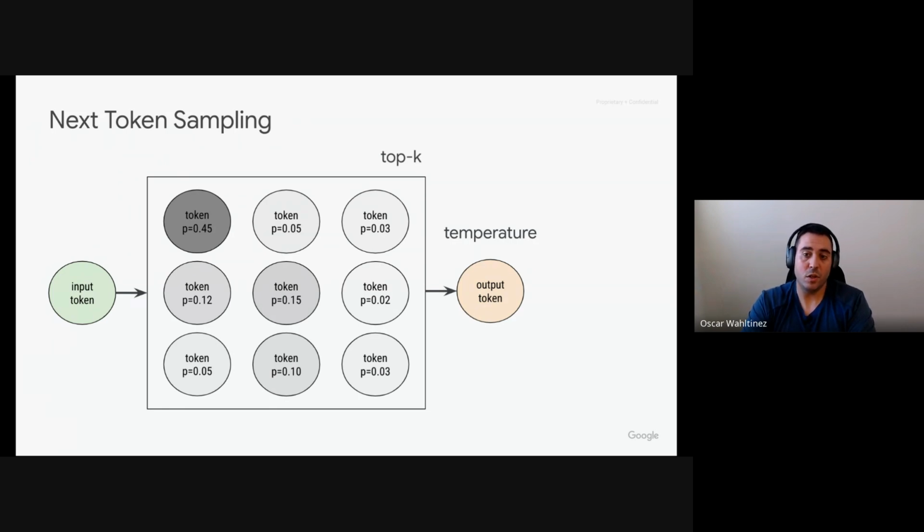The higher the temperature, the more likely we are to pick a token with lesser probability. But this is all still in the random or pseudo-random domain. It's not going to be exact unless you have a temperature of 0, in which case you fall back to the greedy algorithm and only pick the most likely token. This is why with a temperature of 0 you have fully repeatable results, because you're always going to pick the token that had the highest probability, and that's not going to change.